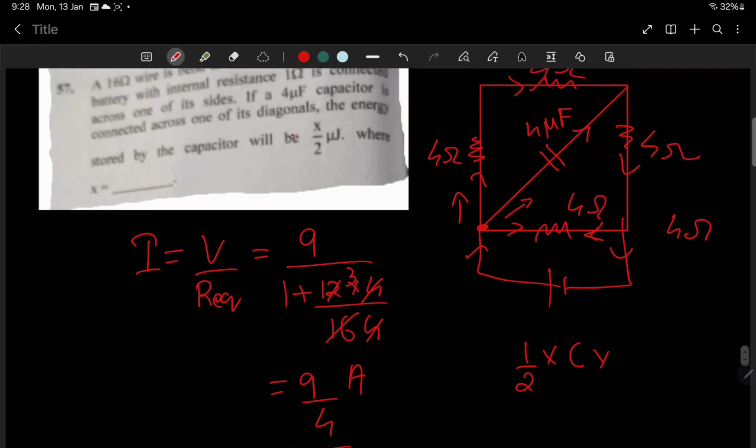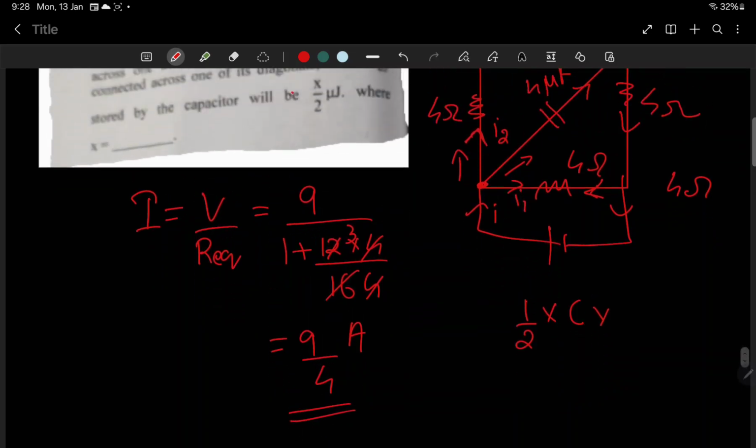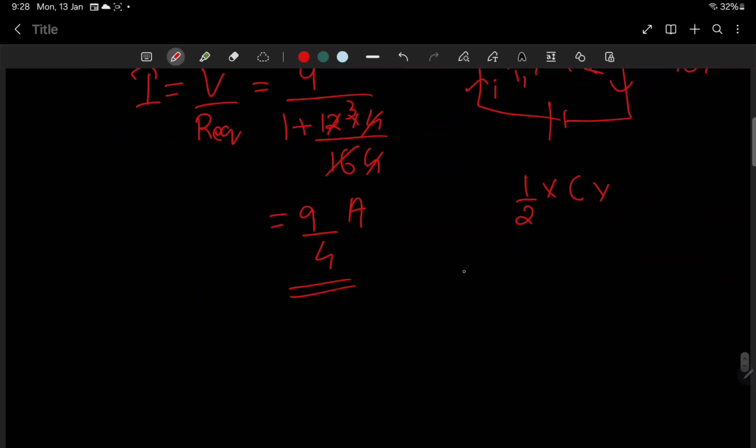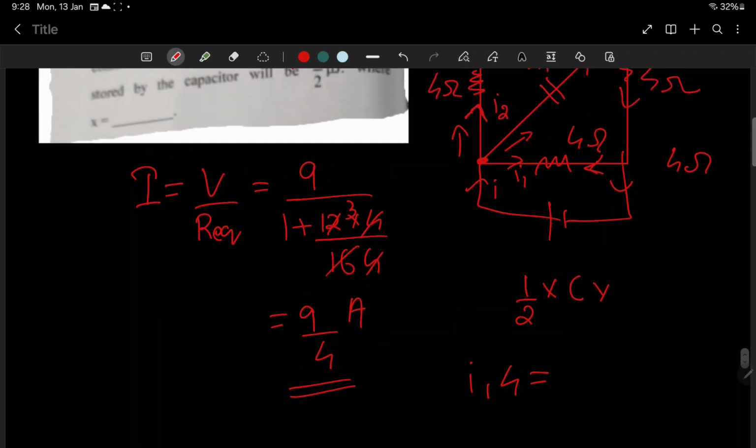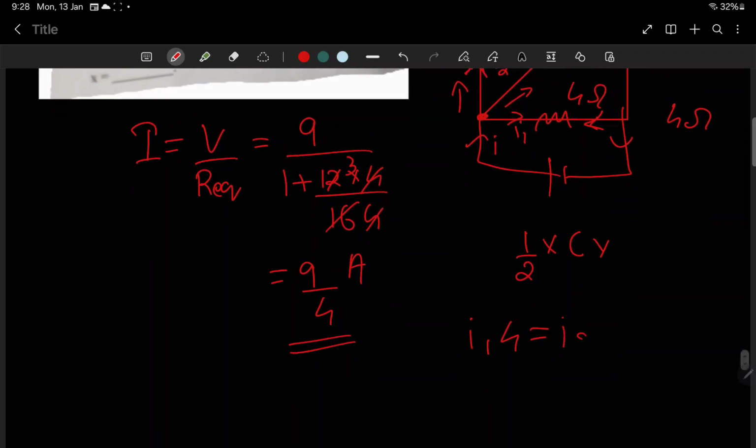Now look, let us first think that no current is passing through the capacitor. Here we are having I2, here we are having I1, and here is the total current I. You know that I1 into 4 is the voltage. You know that in a parallel circuit voltage is equally divided. That should be equal to I2 into 12.